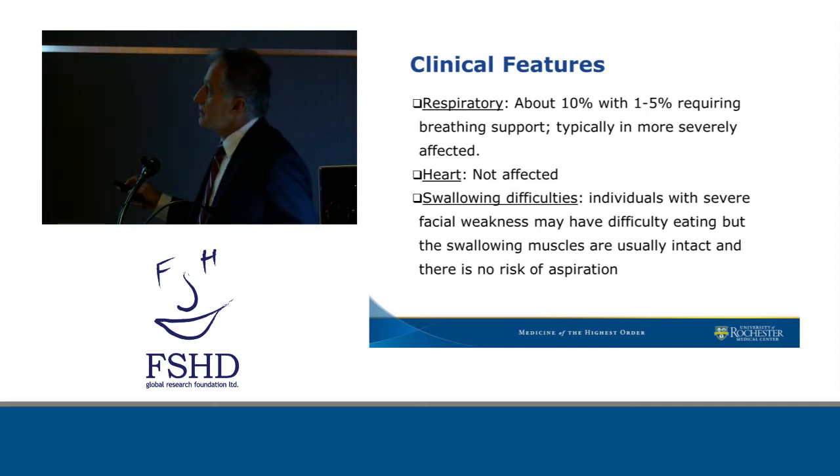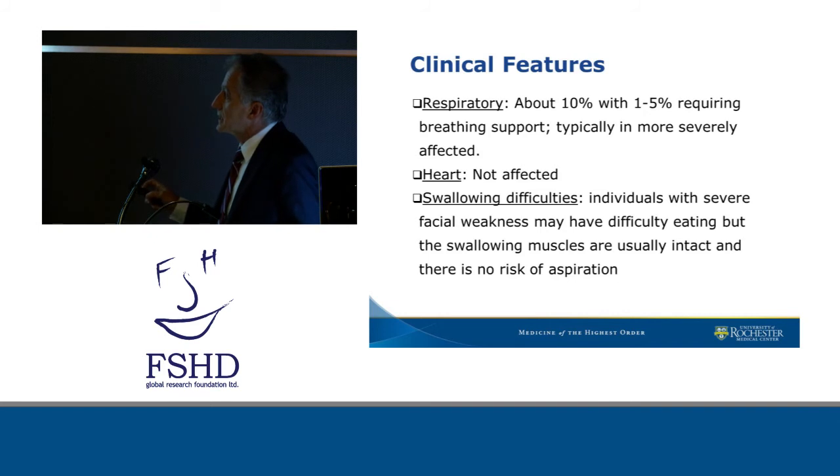So we know now from looking at breathing function in large numbers of patients that breathing is impaired in about 10% of patients, but only about 1 to 5% require any type of breathing support. And this is typically occurring in patients who are more severely affected.